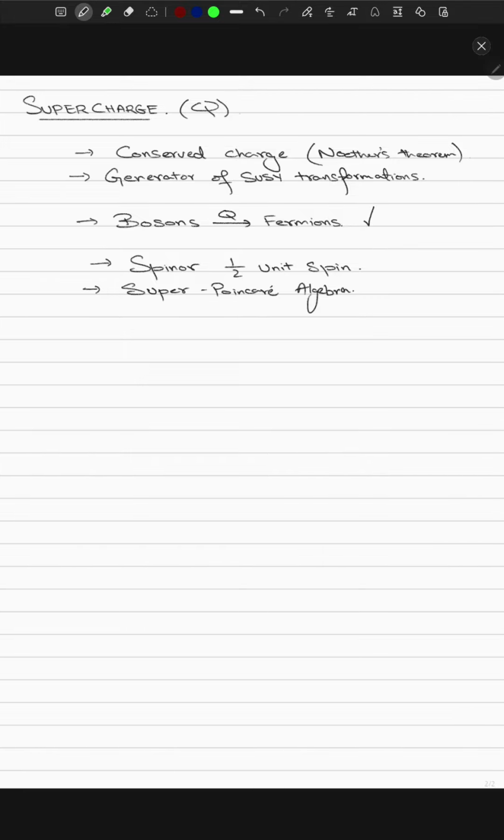Okay, now let's define the supercharge Q. It is defined as A B dagger, right?